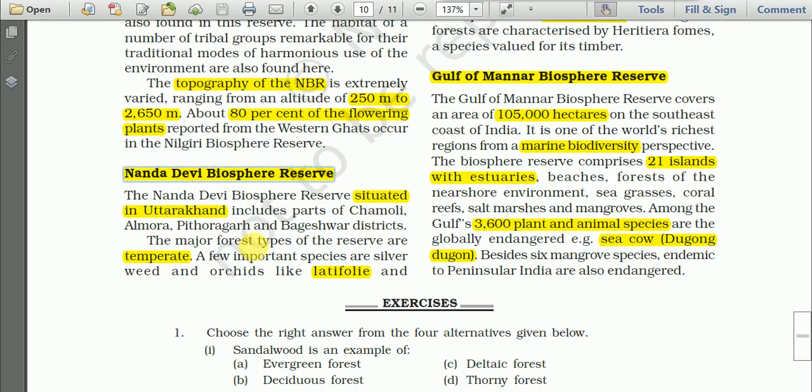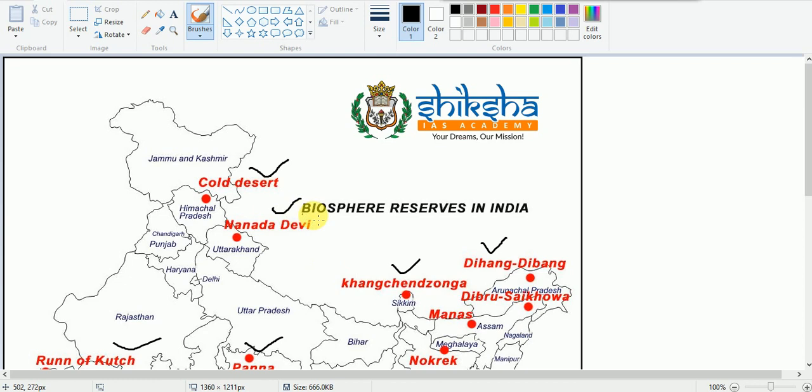Let us read. The Nanda Devi Biosphere Reserve situated in Uttarakhand includes parts of Chamoli, Almora, Pithoragarh, and Bageshwar districts. So you may locate it. Here it is, in the state of Uttarakhand.